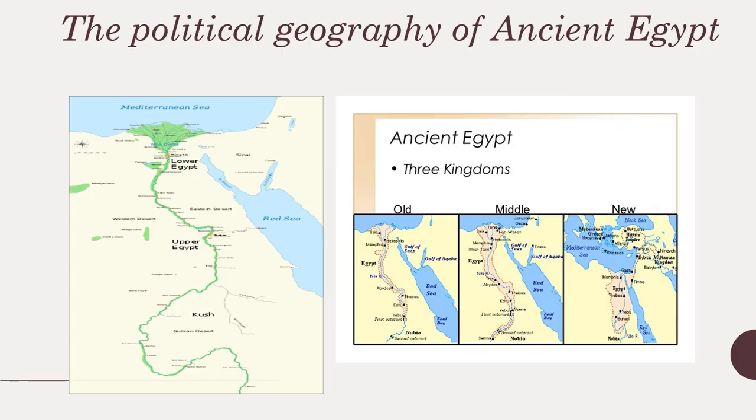Looking at the political geography of ancient Egypt, it's a funny-shaped kingdom, to be certain. On the left slide there, if you can call this a country, let's just call it a country for the second. If this was a country today, the borders would be what you see in green.